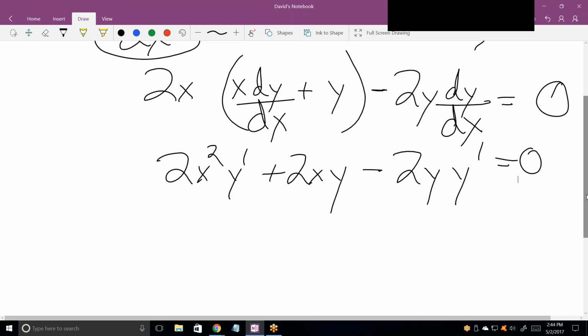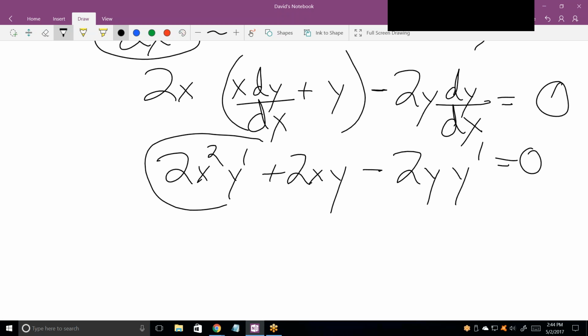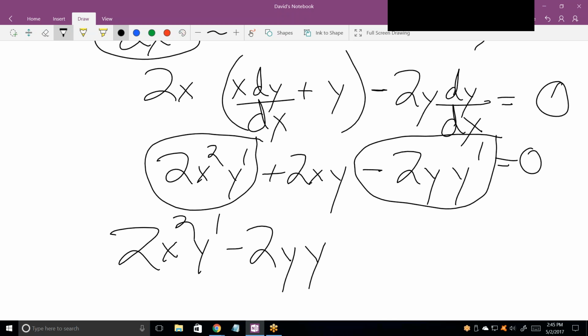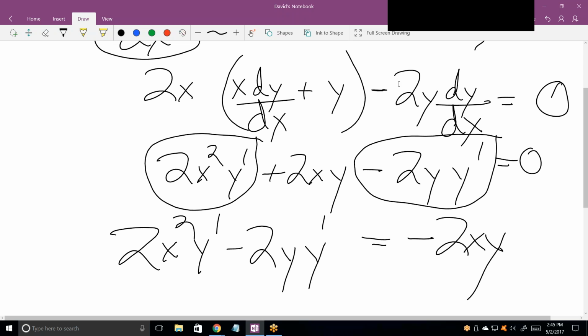Well, now I'm trying to solve for y prime. So every term that has a y prime in it, I'm going to keep on the left side, and every term that does not have a y prime in it, I'm going to move to the other side. So now I have this. Now it's a factoring problem.